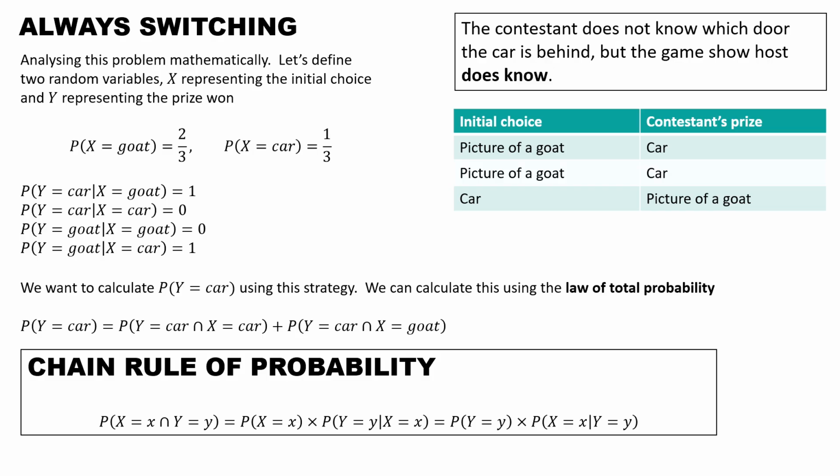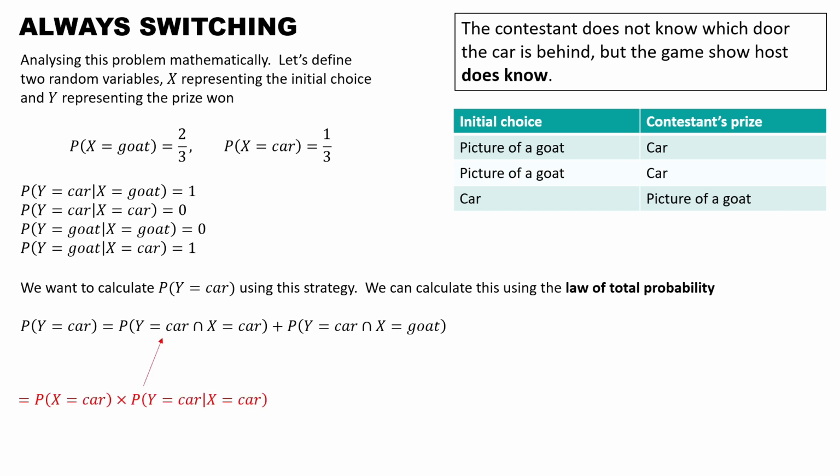That tells us that the probability of, for instance, x being equal to some outcome little x and y being equal to some outcome little y is equal to the marginal probability that x is equal to that outcome little x multiplied by the conditional probability that y is equal to little y given that x is equal to little x, or the marginal probability that y is equal to little y multiplied by the conditional probability that x is equal to little x given that y is equal to little y. Now let's apply that to each of these joint probabilities in turn.